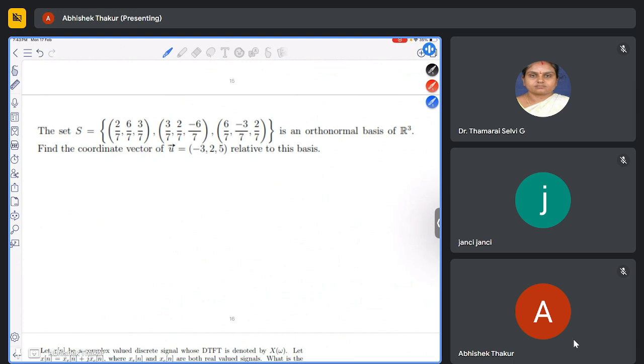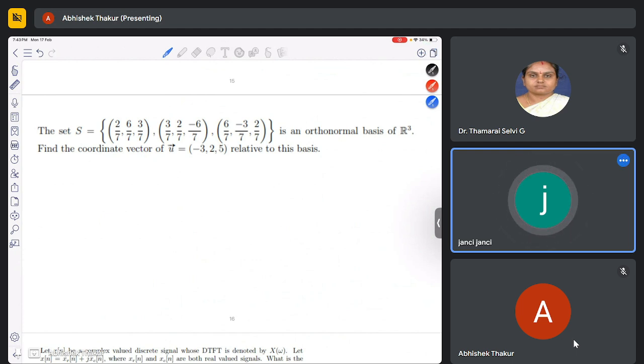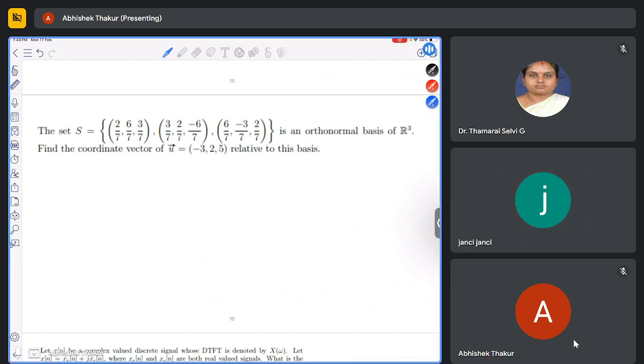The set X is given, the three vectors given form an orthonormal basis of three-dimensional space. Find the coordinate vector of U relative to this basis.